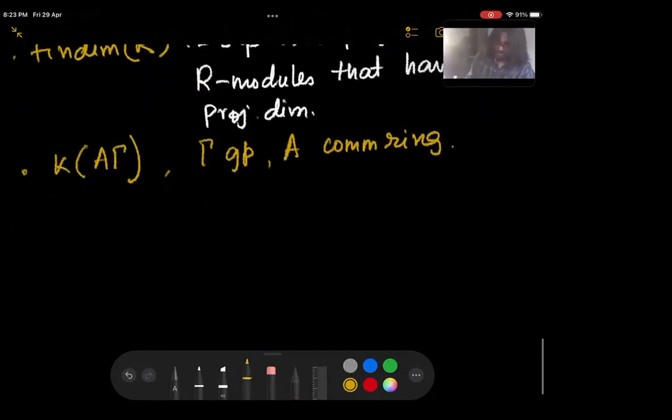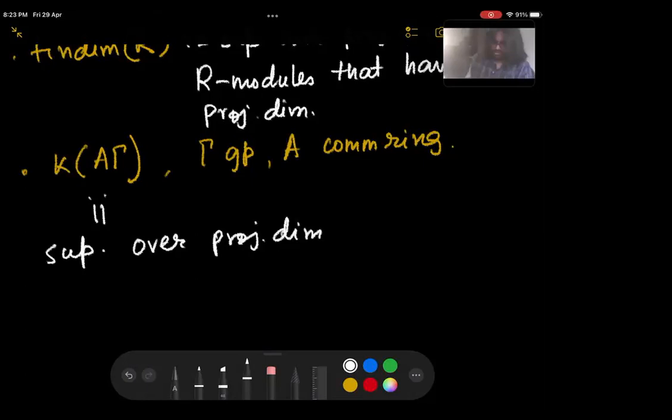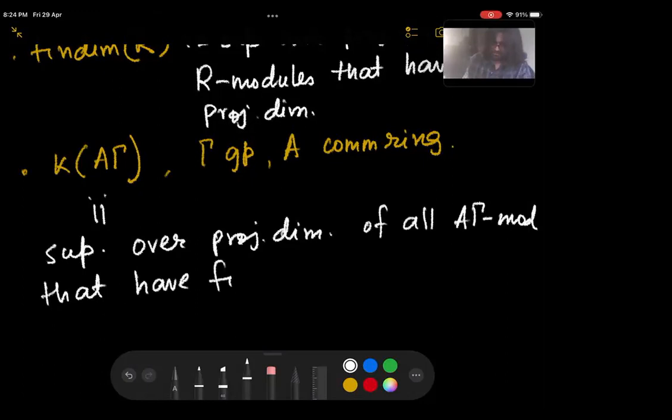So K A gamma is defined to be the supremum over the projective dimension of all A gamma modules that have finite projective dimension, not as A gamma modules, but when restricted to finite subgroups of gamma.